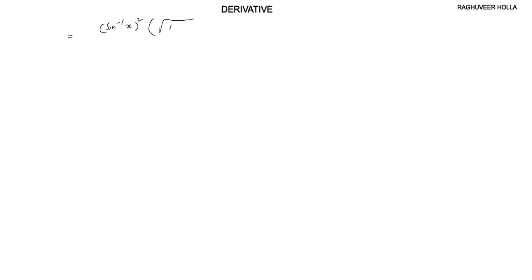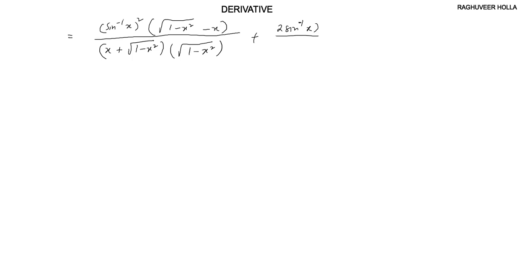which is equal to (sine inverse x) whole square and (square root of 1 minus x square minus x) divides by (x plus root 1 minus x square) and square root of 1 minus x square, plus 2 sine inverse x and log of (x plus root 1 minus x square) divided by (1 minus x square).